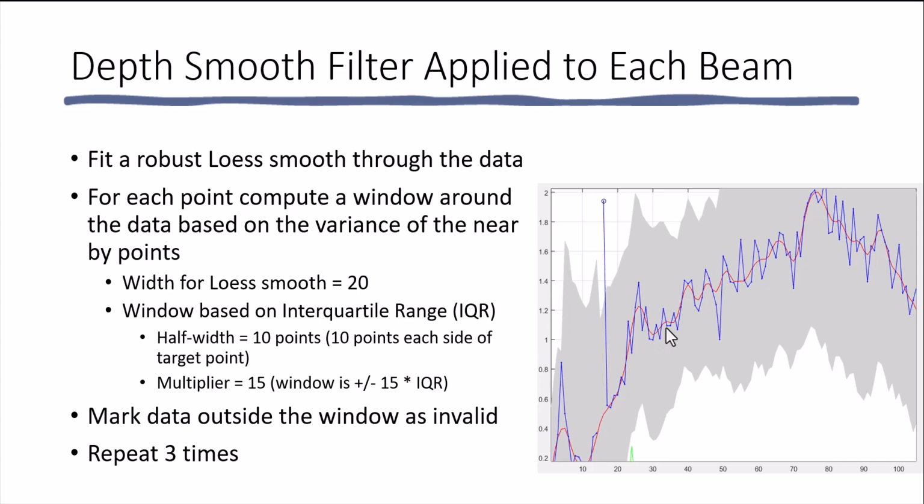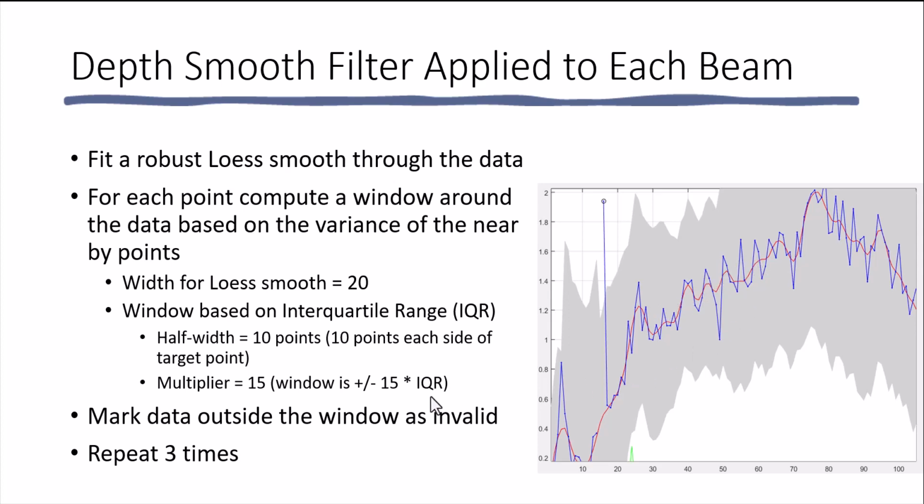For each point, we compute a window around the data based on the variance of the nearby data points. We use a width for the LOESS smooth of 20 points, and then we base a window on the interquartile range using 10 points on each side of the point in question. So identifying this point, we would count 10 points to the left, 10 points to the right.